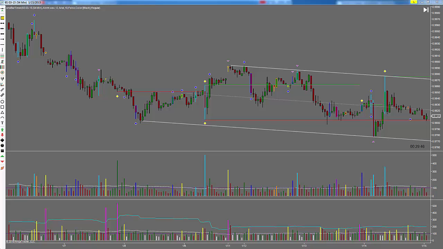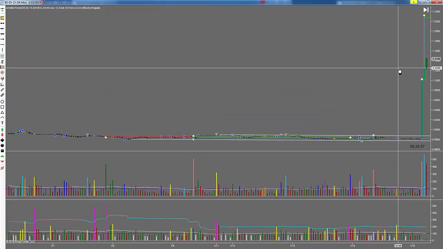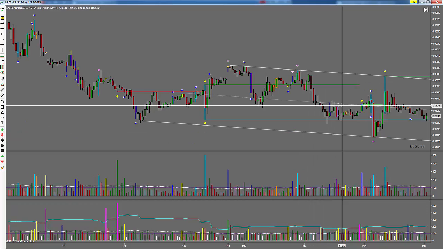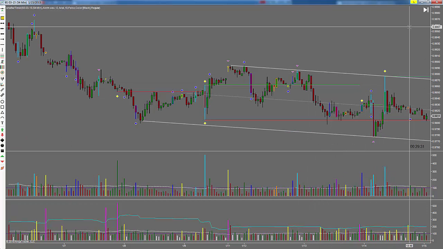The news caused the big explosion in the Swiss franc, and it just went skyrocketing up, and the Euro was coming down as the Swiss franc was going up, obviously.